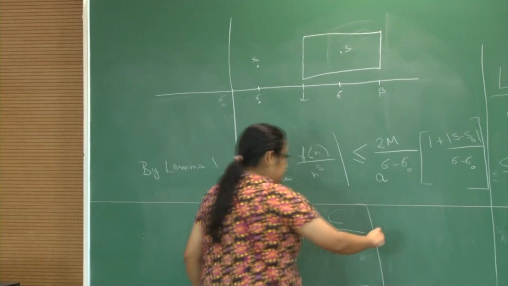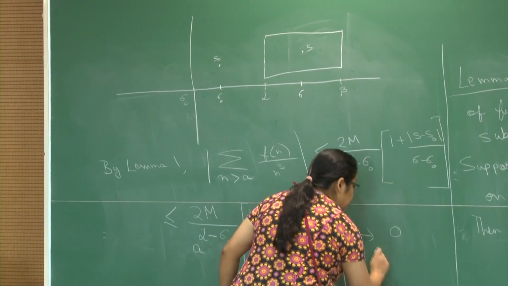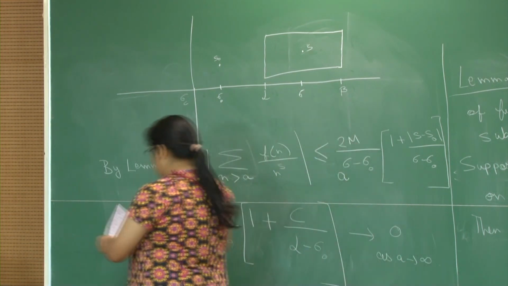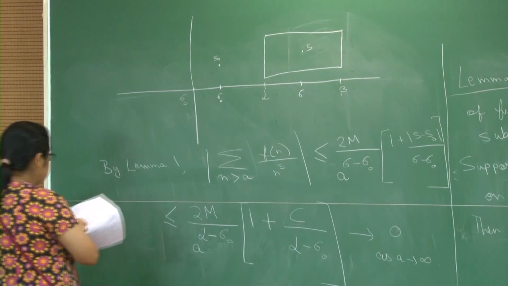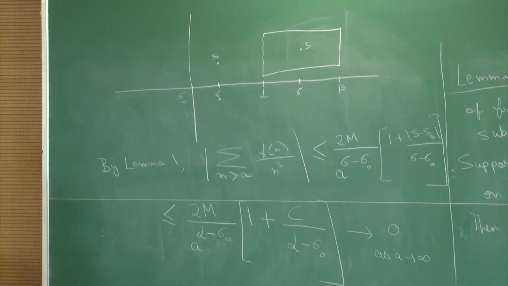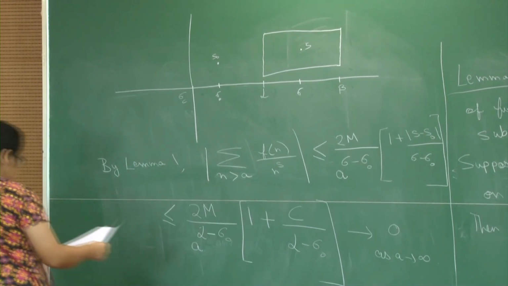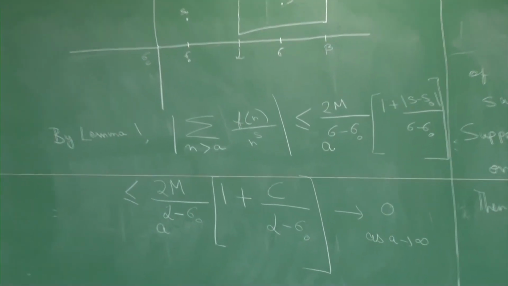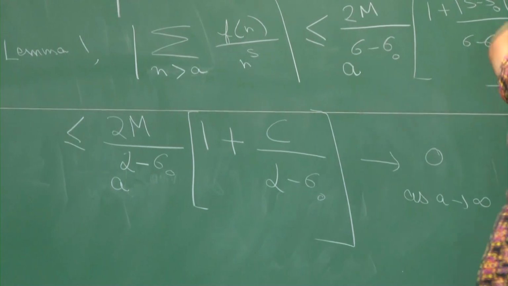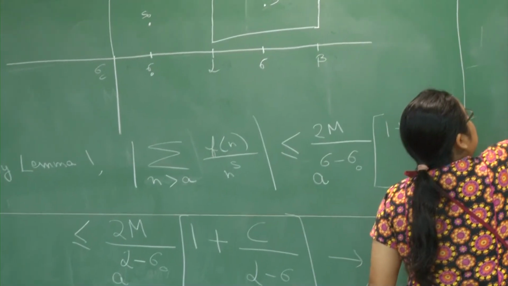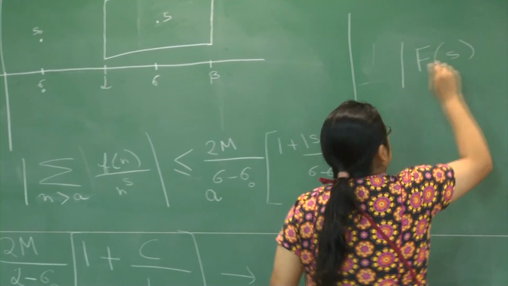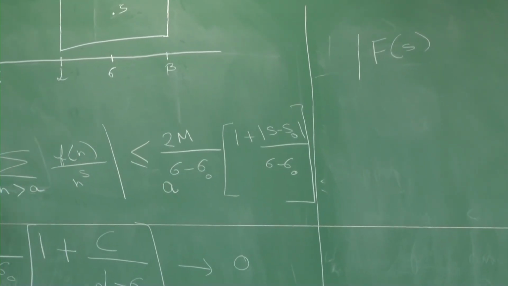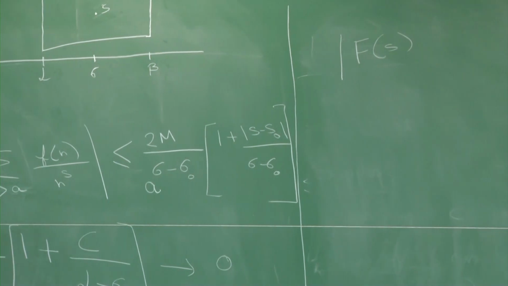So first of all, this goes to 0 as A goes to infinity, and what this tells you is that your Dirichlet series, capital F of S, I mean the question is whether the sequence of partial sums of the Dirichlet series converges uniformly to the series or not.